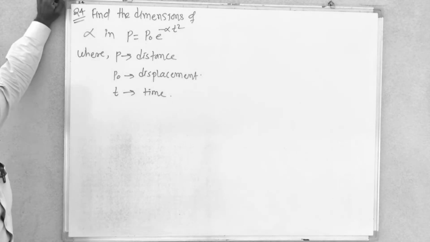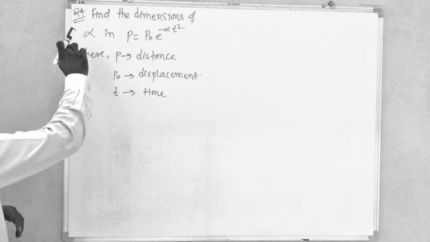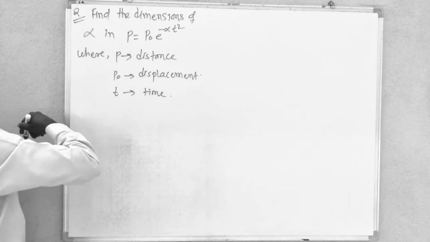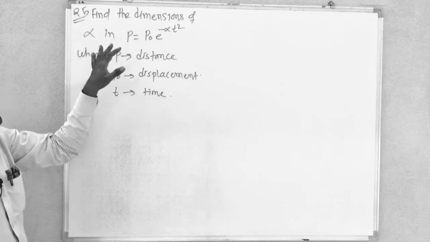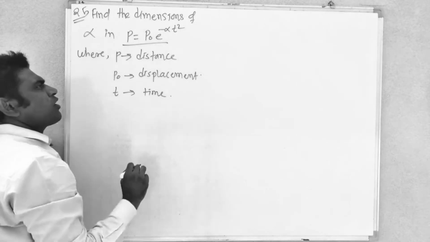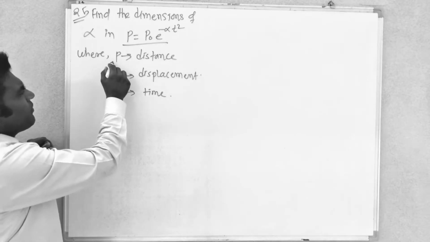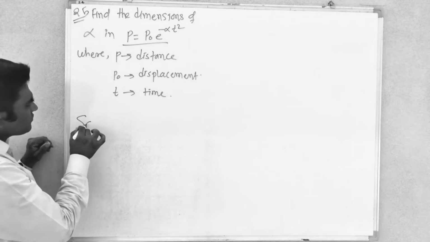Example number 4, find the dimensions of alpha. I think it's example number 5, whatever it may be. Find the dimensions of alpha in this: p is equal to p0 into e to the power minus alpha t square, where p is the distance, p0 is the displacement, t is the time. How to solve?